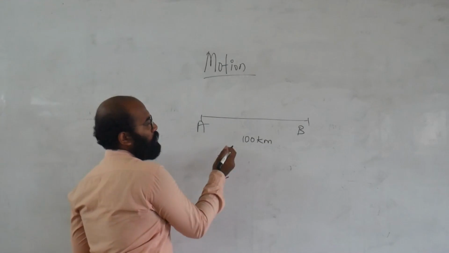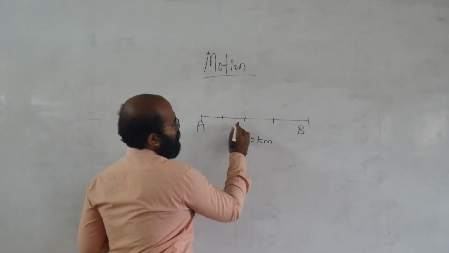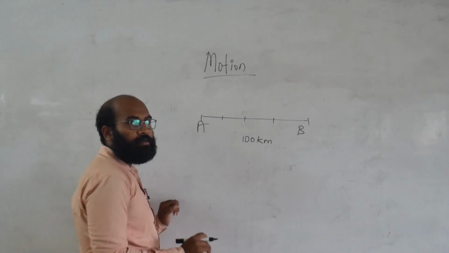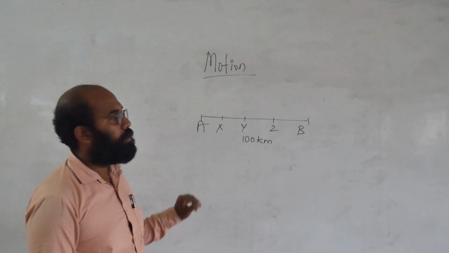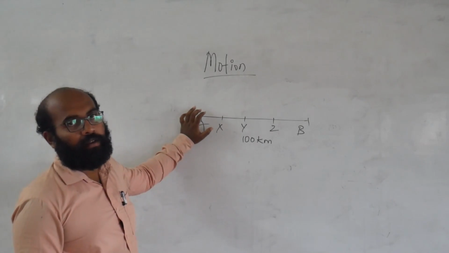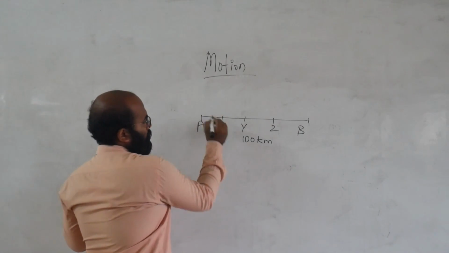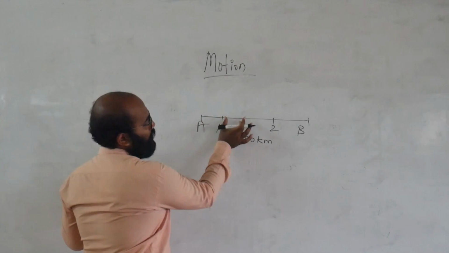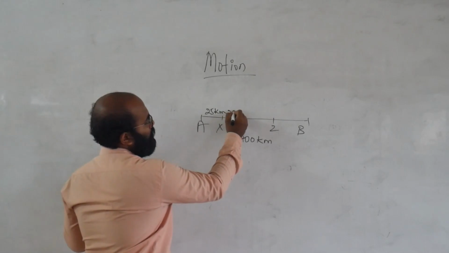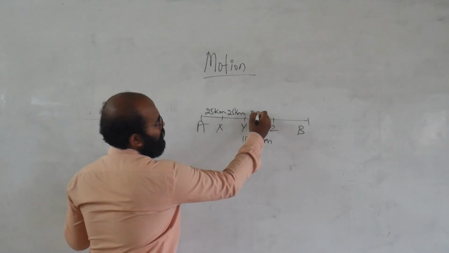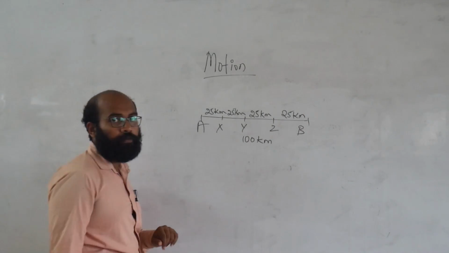In between these two cities, let's say there are three small villages, X, Y and Z. Let's take these to be at equal distance from each other. So 100 is divided into 1, 2, 3, 4. This will be 25 kilometers, 25 kilometers, 25 kilometers, 25 kilometers.